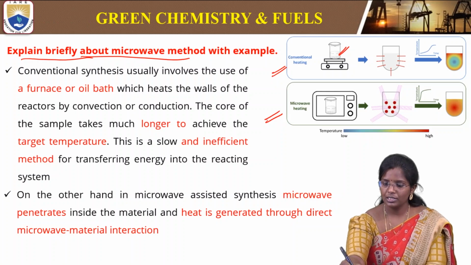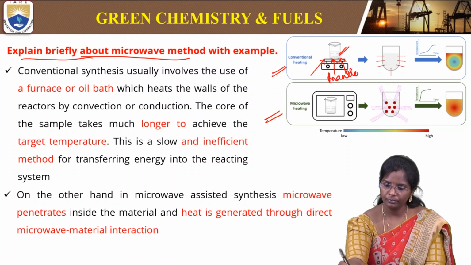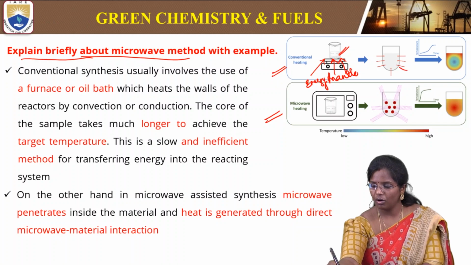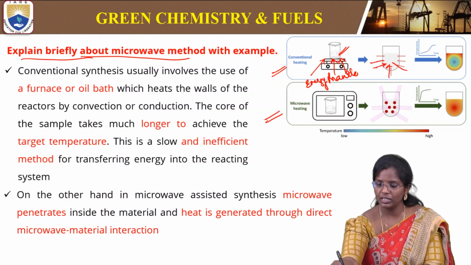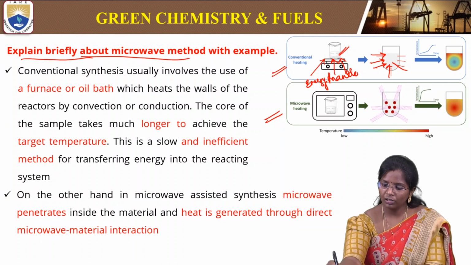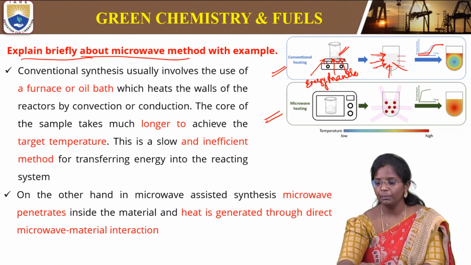Here the heat comes from the outside, from the mantle. Energy is given from the mantle, so there is always loss before it is transferred. So it requires a lot of time, and the time taken for the reaction to complete is more.